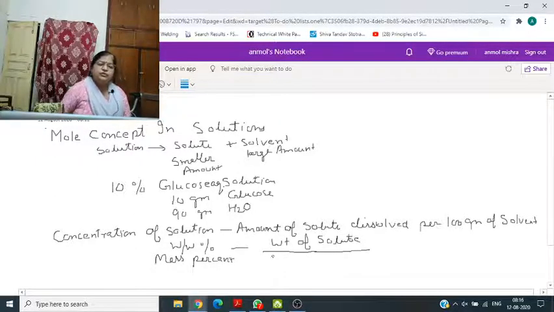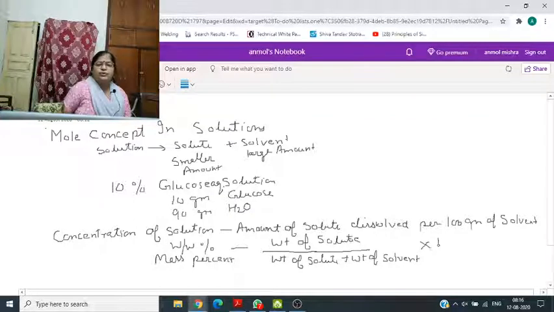All of you know weight of solution is weight of solute plus weight of solvent. So collectively it will form the solution, into 100.